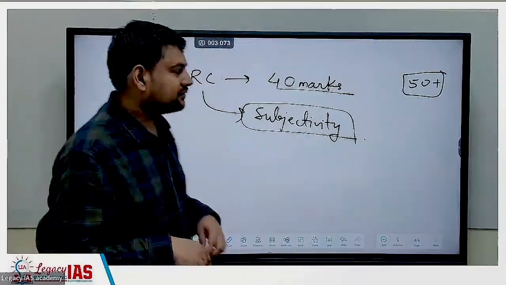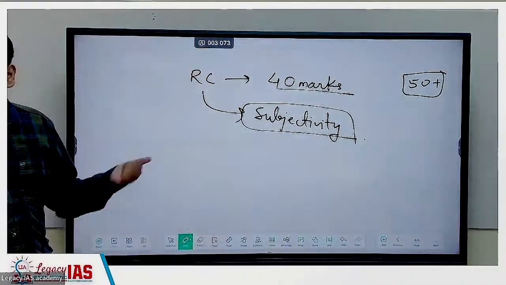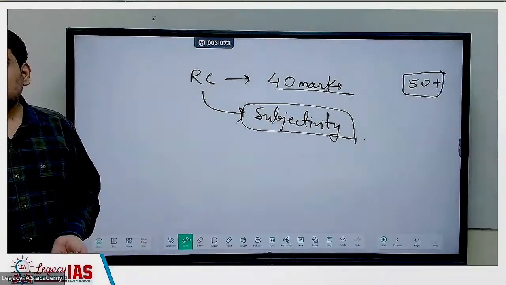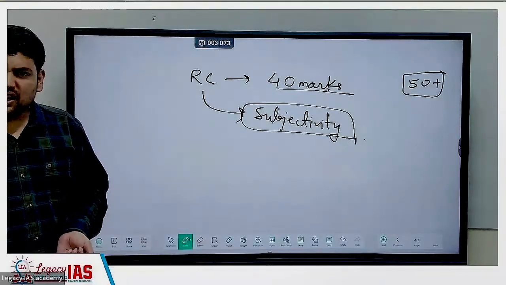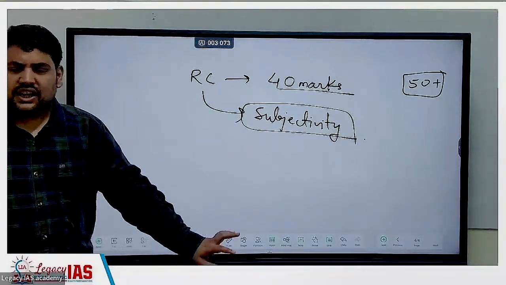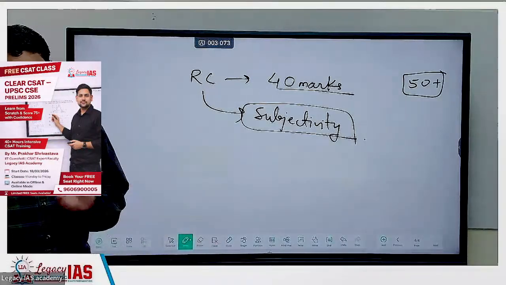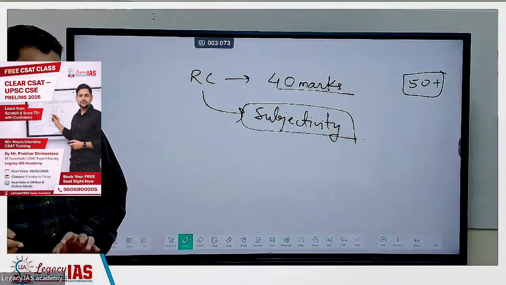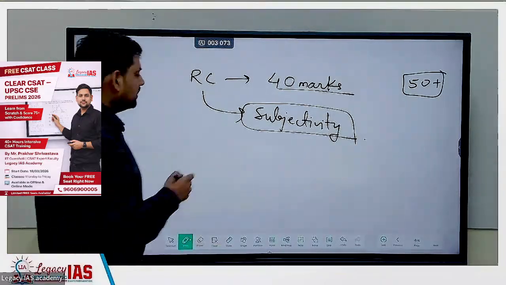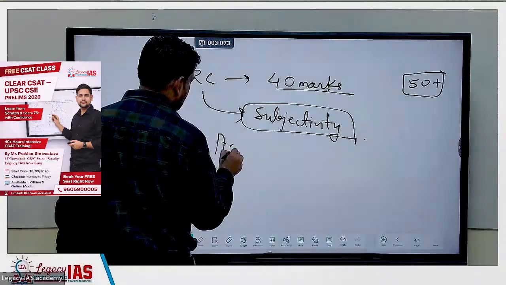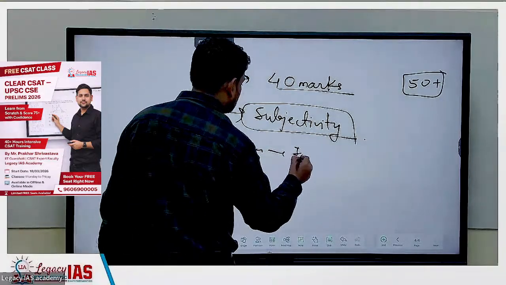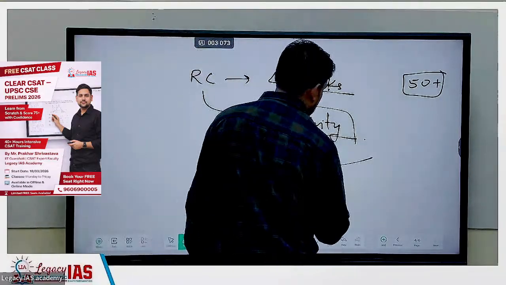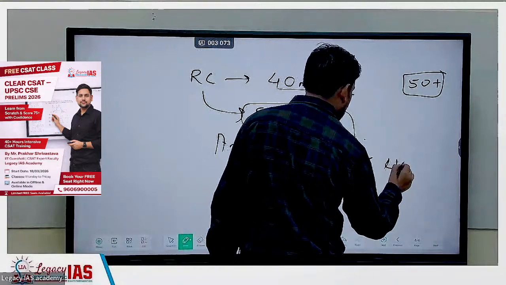Now if you see in CSAT, especially in RC, most questions were correct for institutes as well as UPSC. The answers were common for both of them. But in many questions, the answer given by institutes didn't match the UPSC answer key.